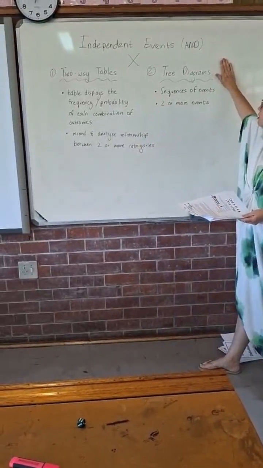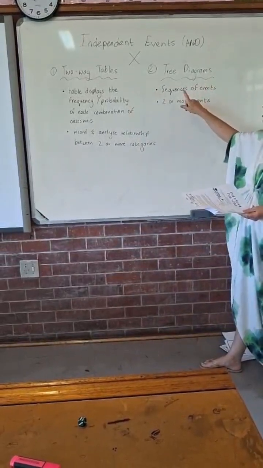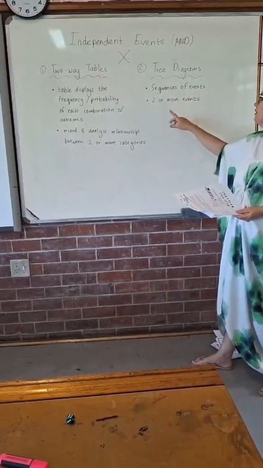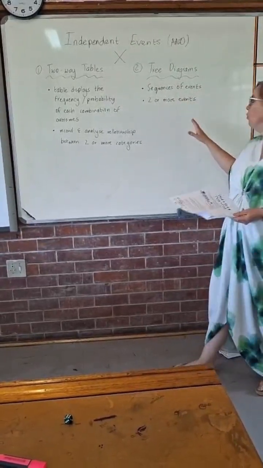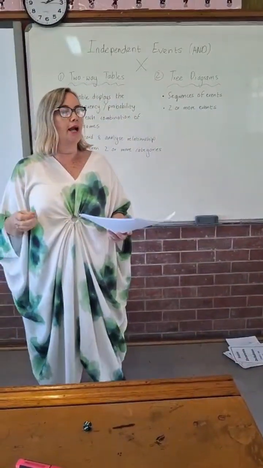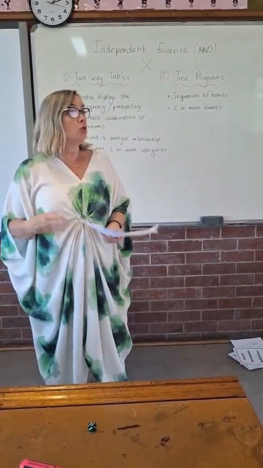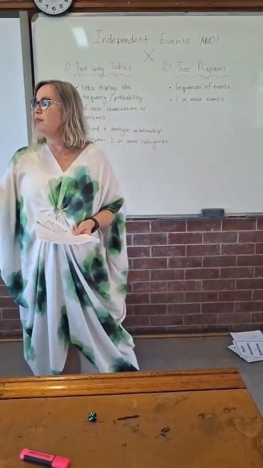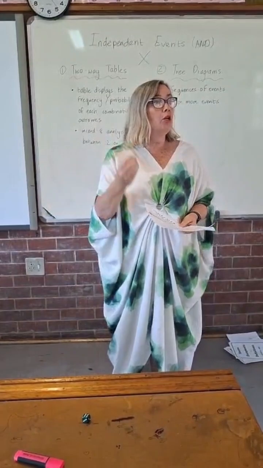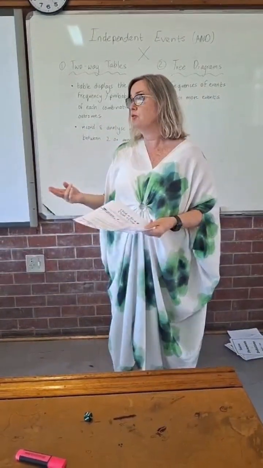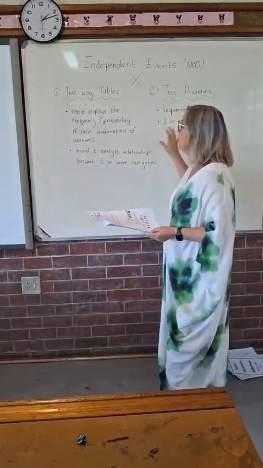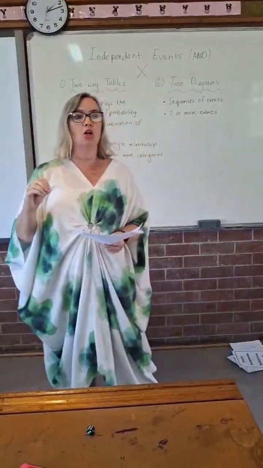Then the second option is tree diagrams. A tree diagram shows sequences of events, usually two or more. Say I'm going to a restaurant and I want a 3-course meal: a starter, a main, and a dessert. I have 2 options for the starter, 3 options for the main, and 2 options for the dessert. We look at that tree by first looking at the starter options.